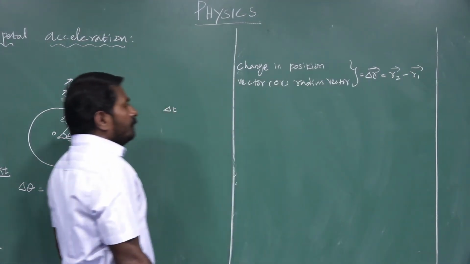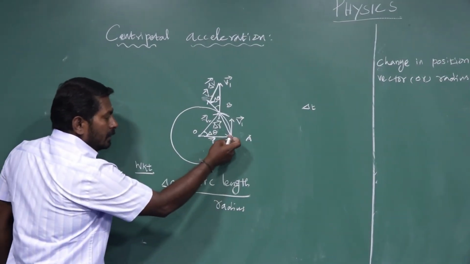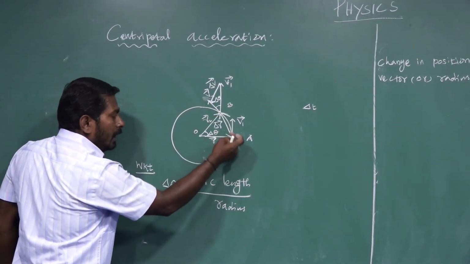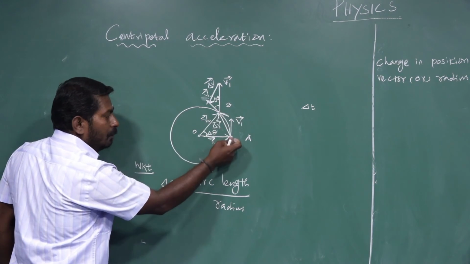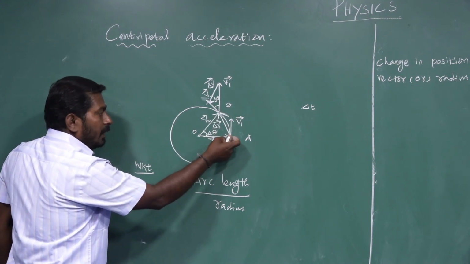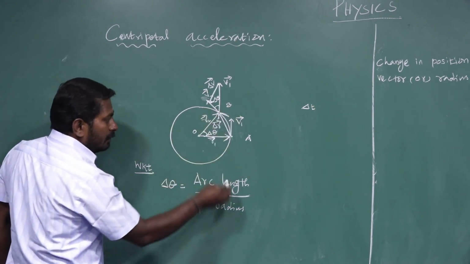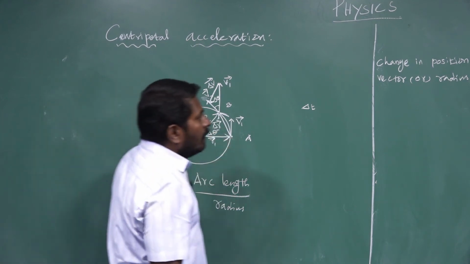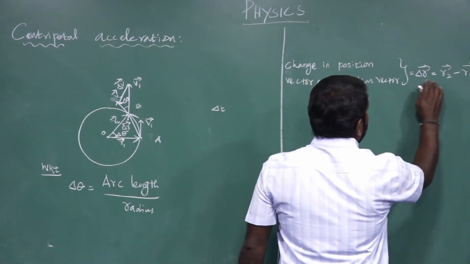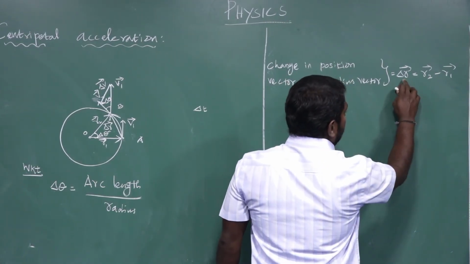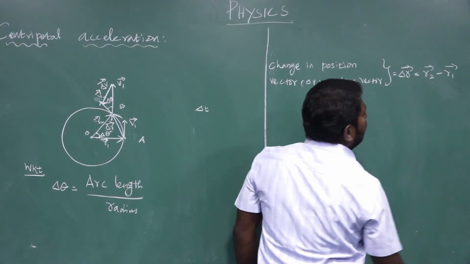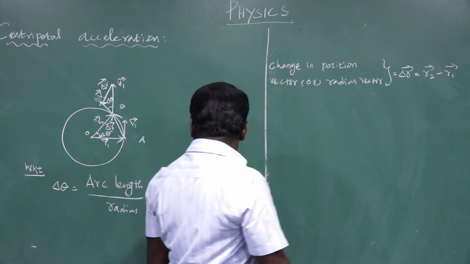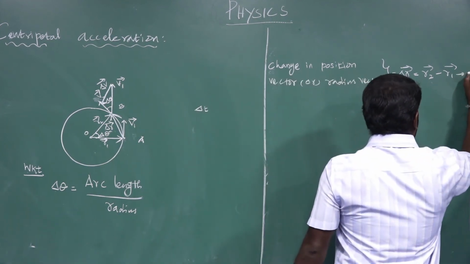That is the displacement from point A to point B. How much displacement is produced by the point object if it is moving with uniform circular motion? That is the displacement delta r vector, or change in position vector, which is equal to change in radius vector. Del r vector is equal to r2 vector minus r1 vector. Equation number 1.